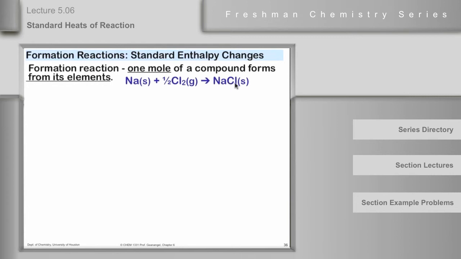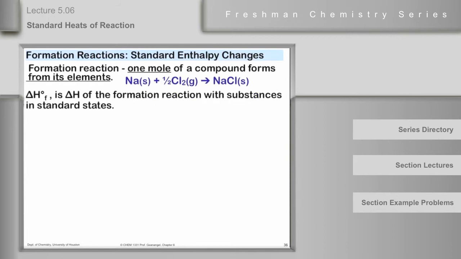And I need 1 mole of chlorine, so chlorine is one of the famous 7 diatomics. It's going to come as Cl2 under standard conditions, so it's going to take 1/2 of dichlorine to make NaCl. So that's the formation reaction for NaCl. And we'll do some of these so you'll be comfortable with it, but you just start with the formula, pick out the elements, and write them down.